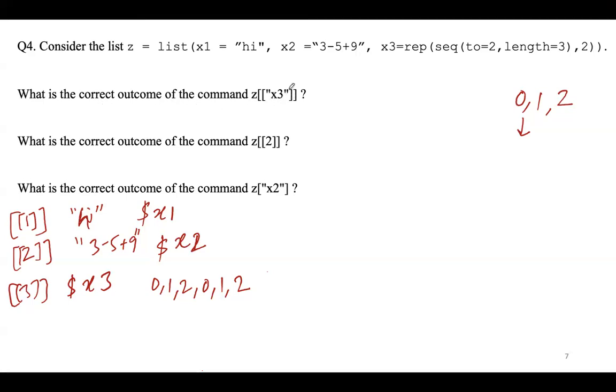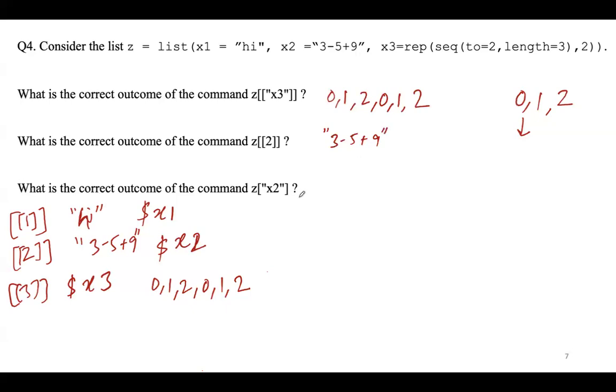So what's the correct output of this? 0, 1, and 0, 2, and 2, 0, and 2. Good. What's the correct output of this? 3 minus 5 plus 9. Yes.